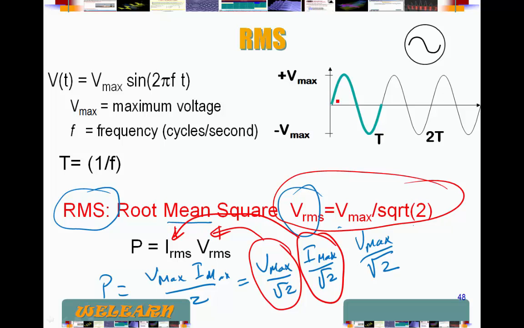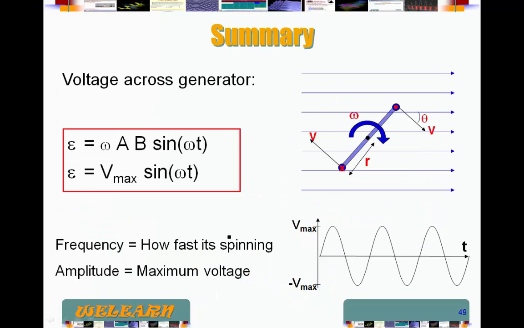They cannot measure the instantaneous value of voltages, they measure some kind of an average. And that kind of an average is going to be related to the root mean squared values, V max over square root of 2 and I max over square root of 2. So the power expression for a sine wave voltage is going to be I RMS times V RMS.